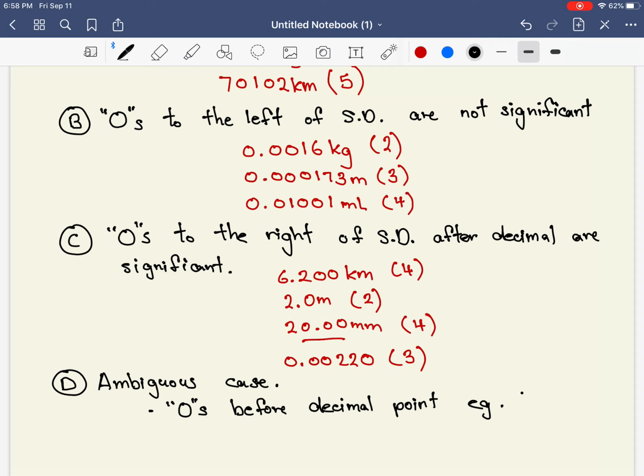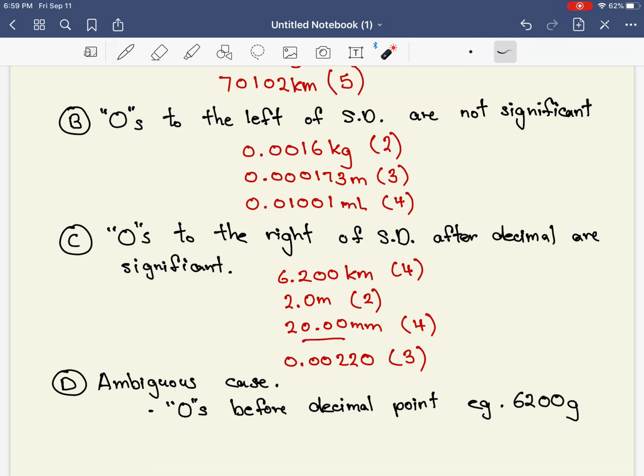Like for example, 6,200 grams. Okay. Are these two zeros going to be significant? Would they count as significant digits? Well, what could it be?